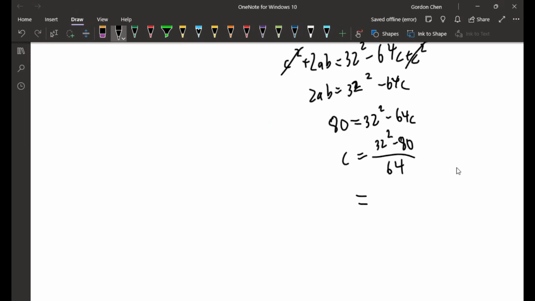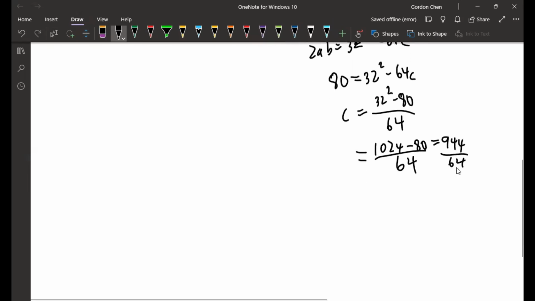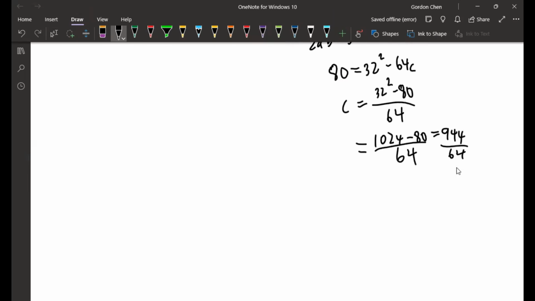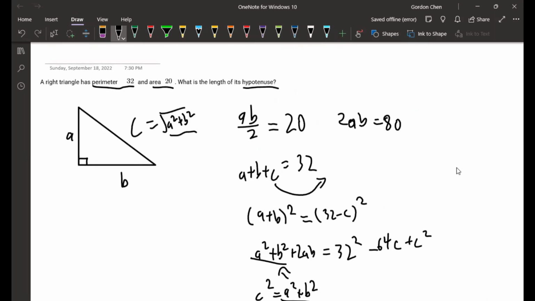That is, 32 squared is 1024, and then minus 80 is 944, and then over 64, it's divisible by 16, so that's 59 over 4, and that's what c is, which is the hypotenuse, so c is 59 over 4.